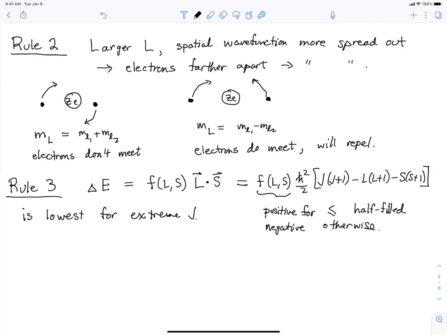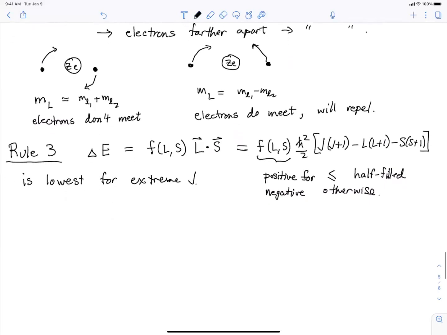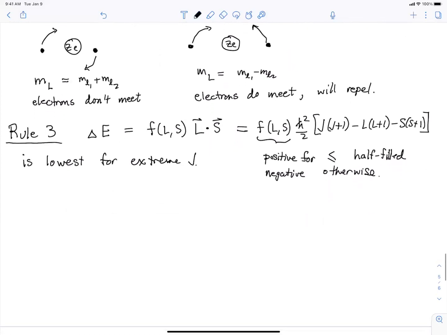A question that arises, because this is just an approximation, is the following: what's the lowest Z for which this fails? Or is there any case where it fails? We expect that when we go to larger Z, it will not work as well, because the spin orbit gets more and more important and less reasonable to treat as a perturbation.